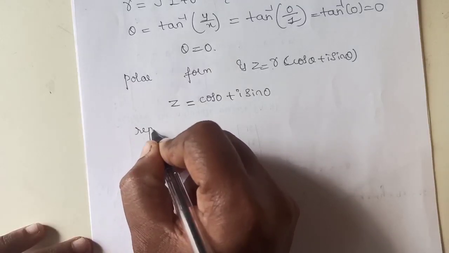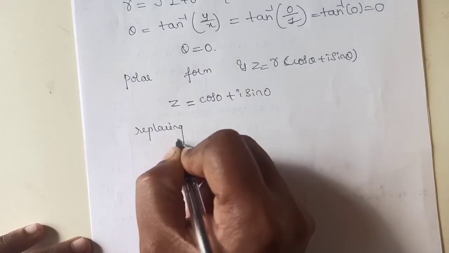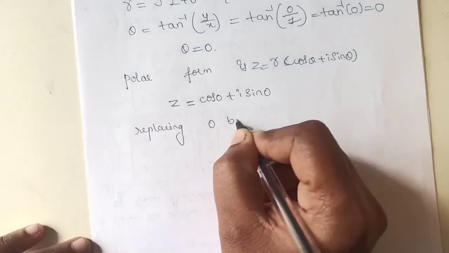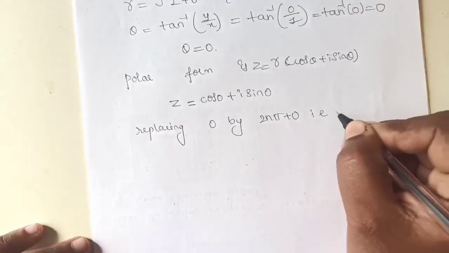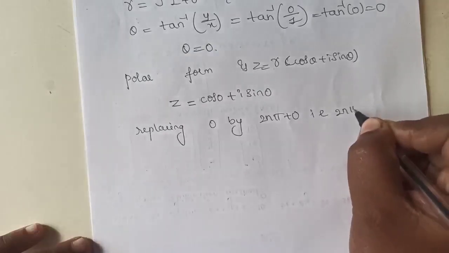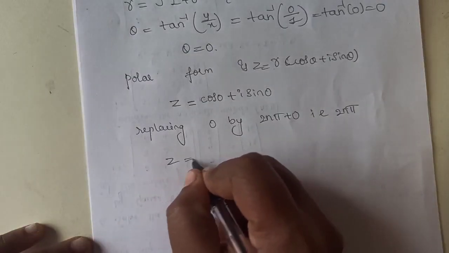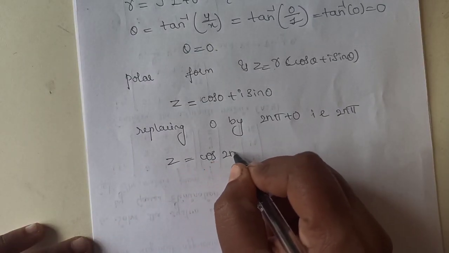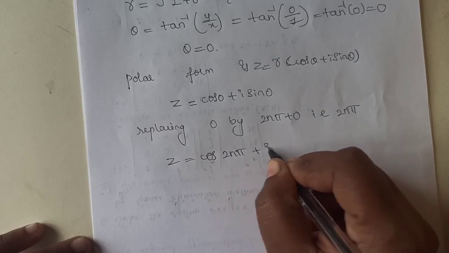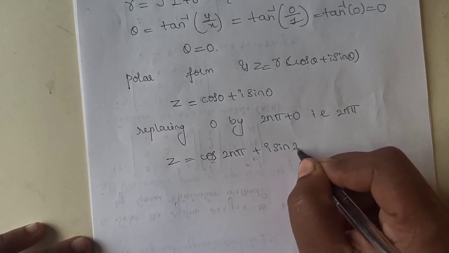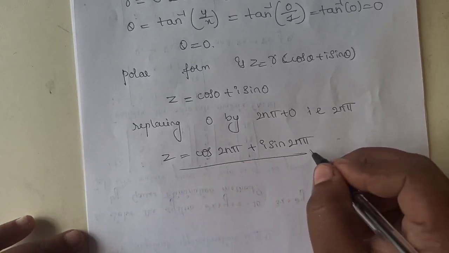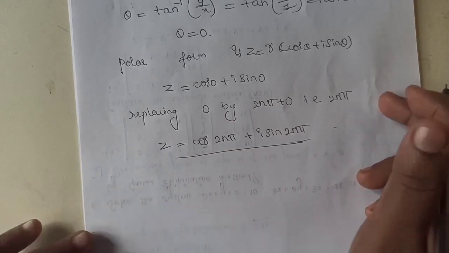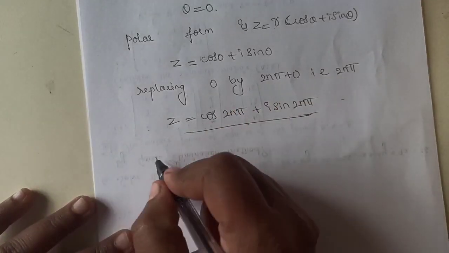Replacing 0 by 2n pi plus 0, that is 2n pi, z becomes cos 2n pi plus i sin 2n pi.